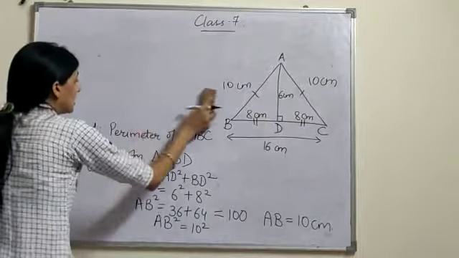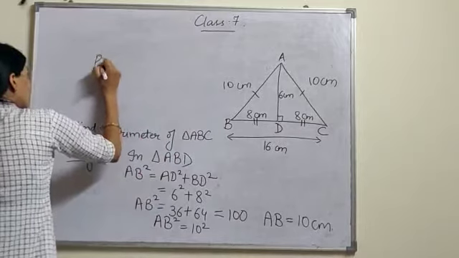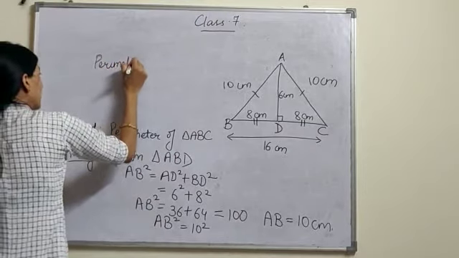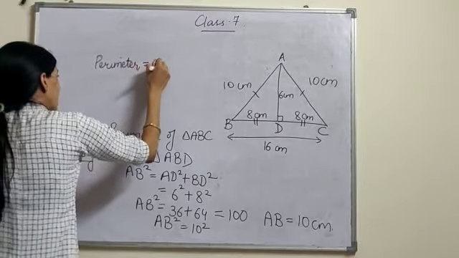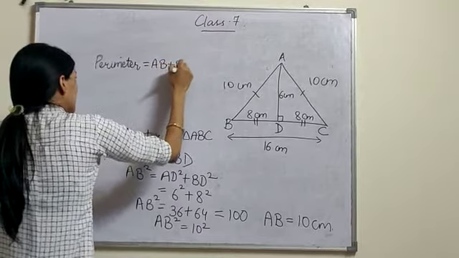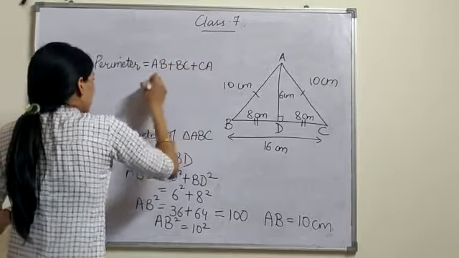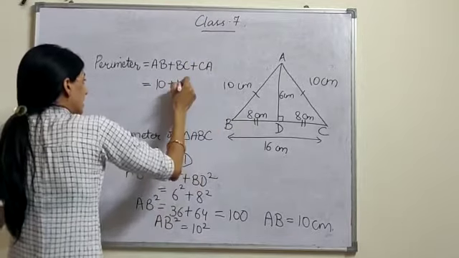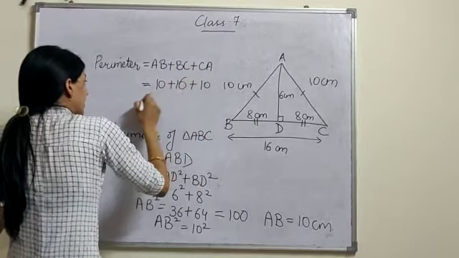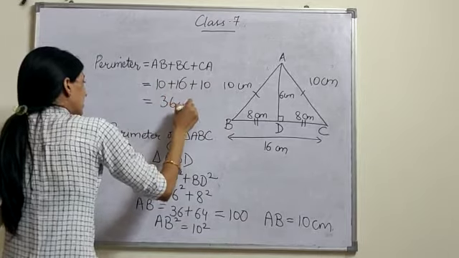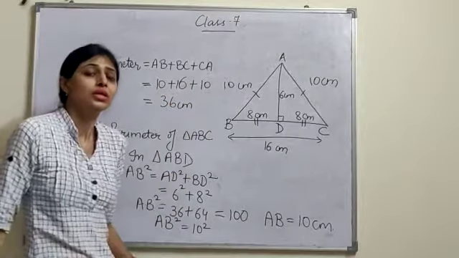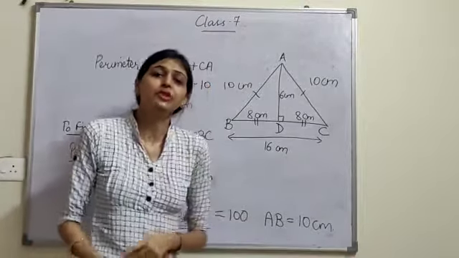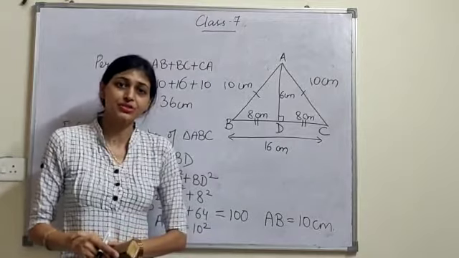AB plus BC plus CA. AB is 10, BC is 16 and CA is 10. 36 centimeter, right? So in this way you can solve a number of questions. I hope the topic is clear to you. Thank you.